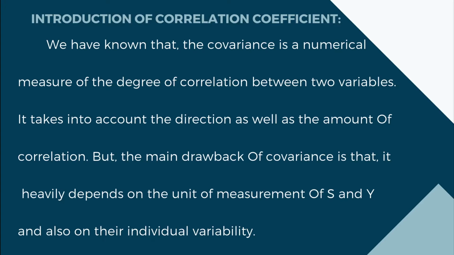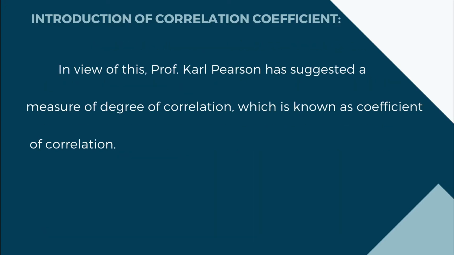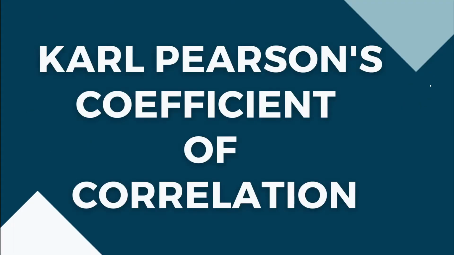So, in order to overcome these drawbacks, Professor Karl Pearson has suggested a measure of degree of correlation, which is known as coefficient of correlation. So, we shall start with the Karl Pearson's coefficient of correlation.